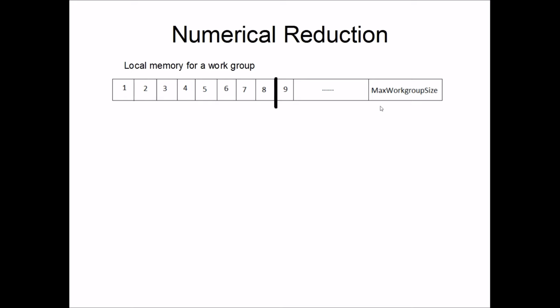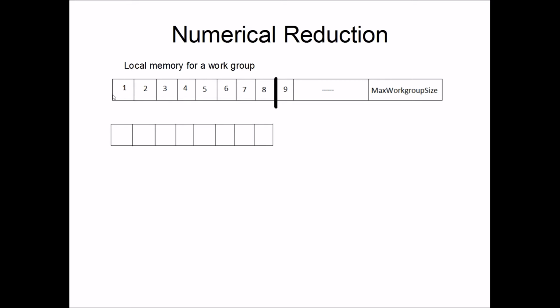On my CPU it's 1024, and on my graphics card it's 256. But for this example, I'm just going to pretend that I've only got 8 work items in a work group, just so that I can demonstrate this numerical reduction easier.